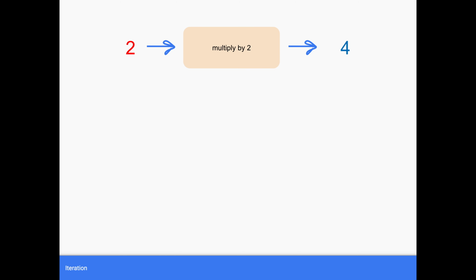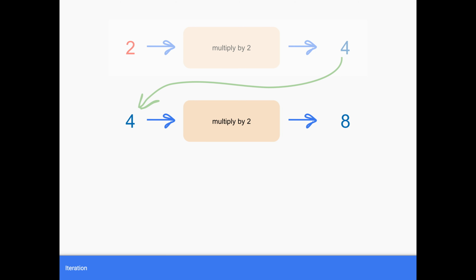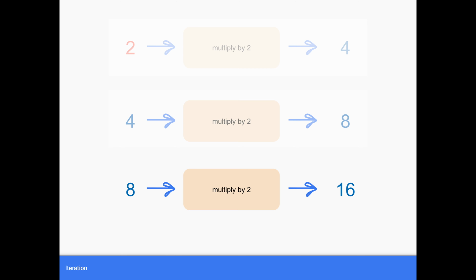This machine we're looking at has the function multiply by 2 inside it. Again, very simple. If we feed this machine the number 2, it gives us 4. So 2 multiplied by 2 gives us 4. But if we put 4 back in, we get 8. And if we put 8 back in, we get 16.